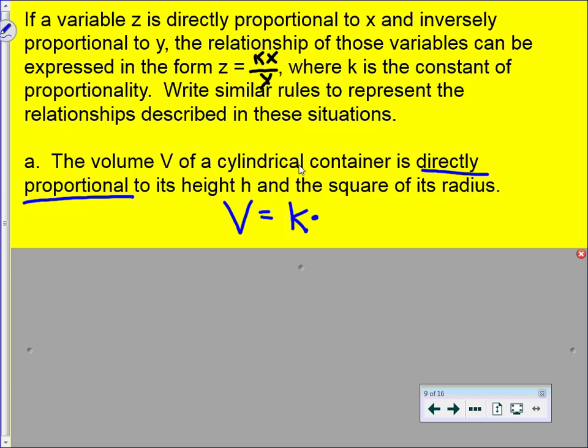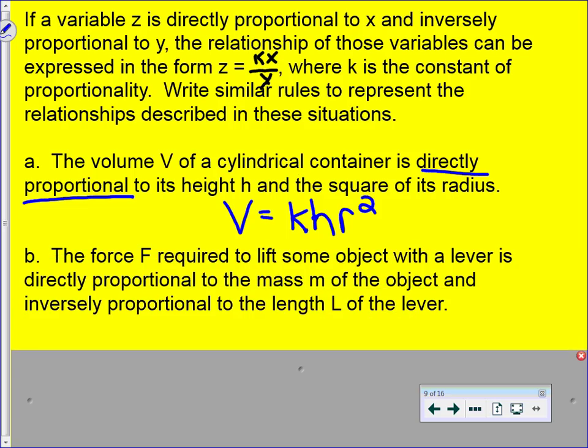What are we multiplying with that constant? All of the stuff that's after the directly proportional. We're multiplying with its height, so I'm going to put an h in this spot, and the square of its radius, so I have an r squared. We've actually now written the equation for a direct proportional.